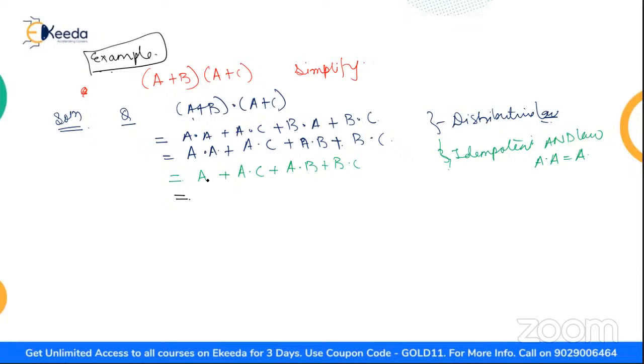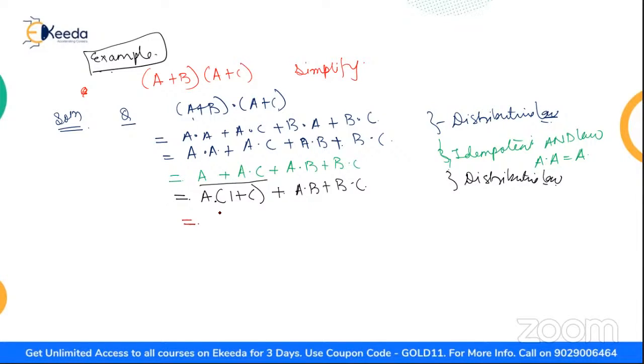Okay, A dot A plus C. Consider this statement: A into 1 plus A dot C, plus A dot B plus B dot C. This is distributive law. Okay. Then we'll see the next step.